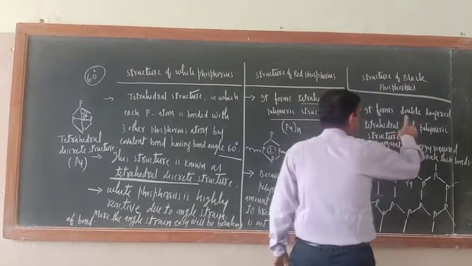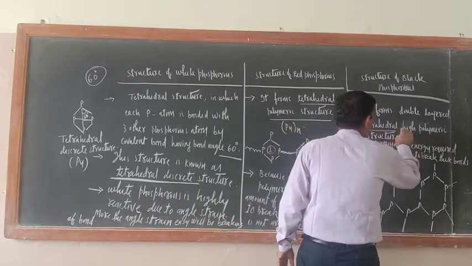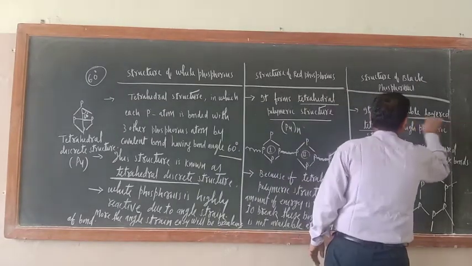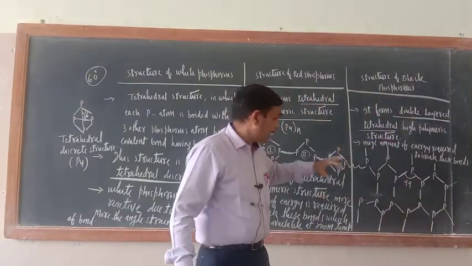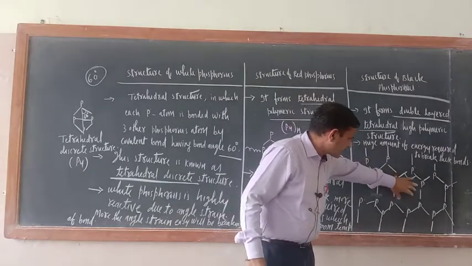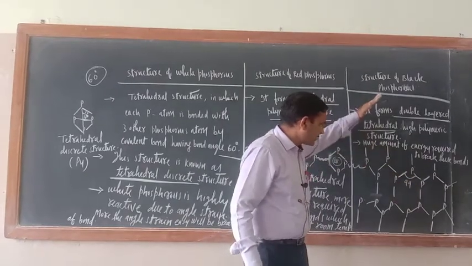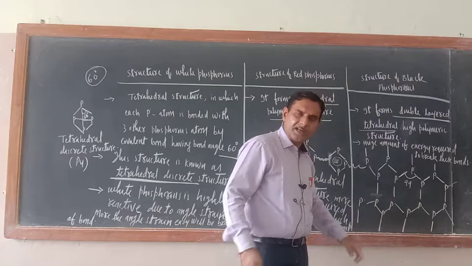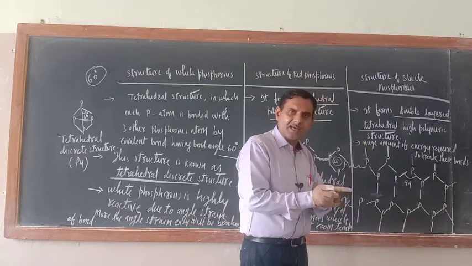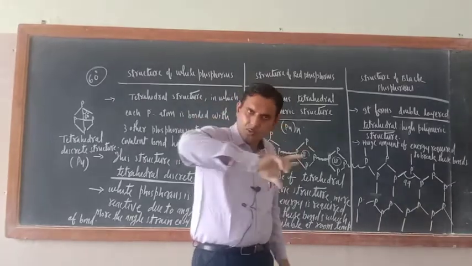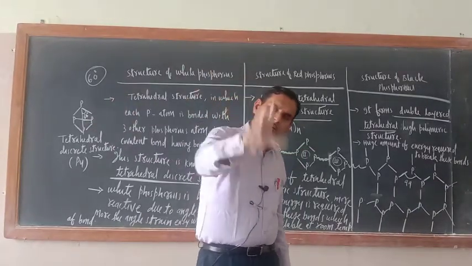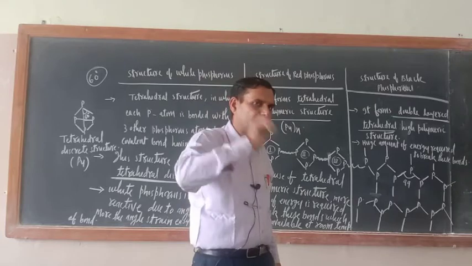See, this is the tetrahedral structure. Now one layer on the upper side, and one layer on the down side. Because of the double layer structure, just see, so many bonds are there. If so many bonds are there, then so much energy is required to break those bonds.